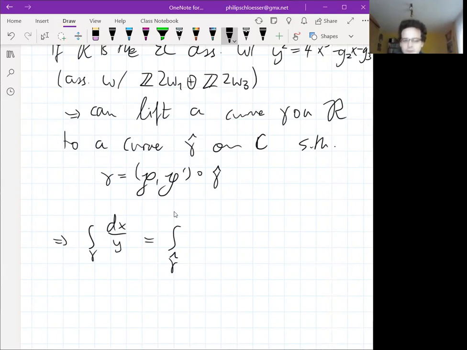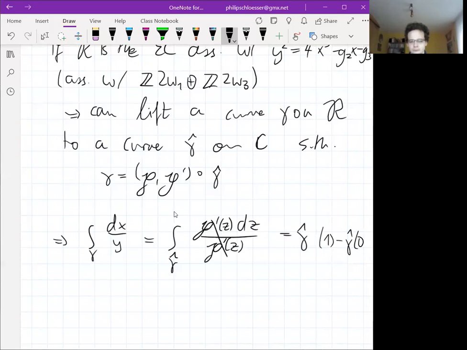X is equal to p, but we have dx, so we have the derivative of p, z dz, divided by, and y is, well, the derivative of p. Bam, they cancel. We have gamma hat of 1 minus gamma hat of 0.